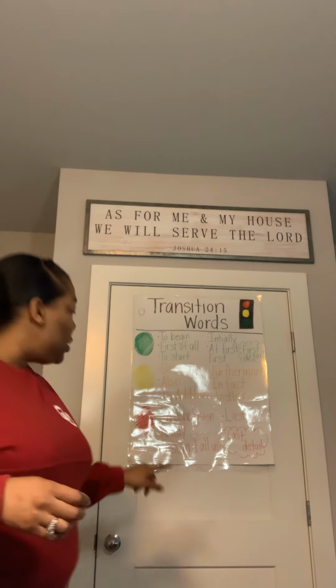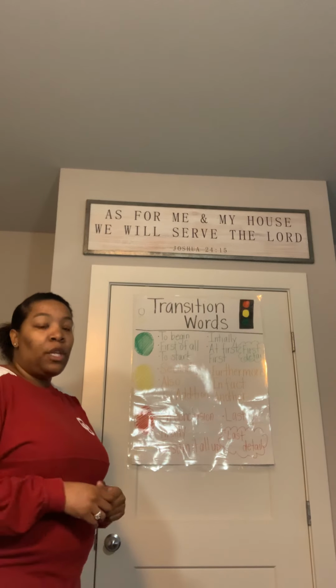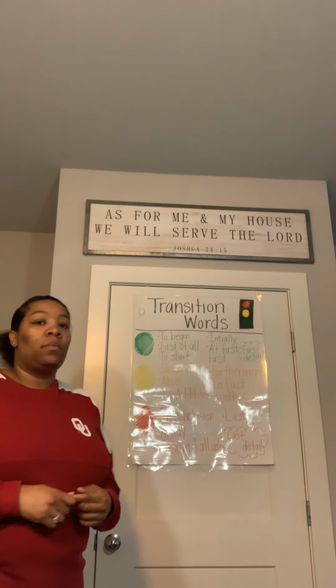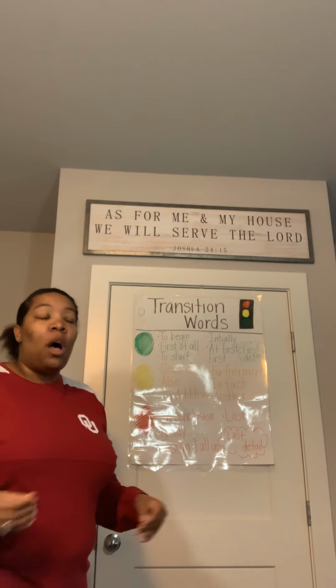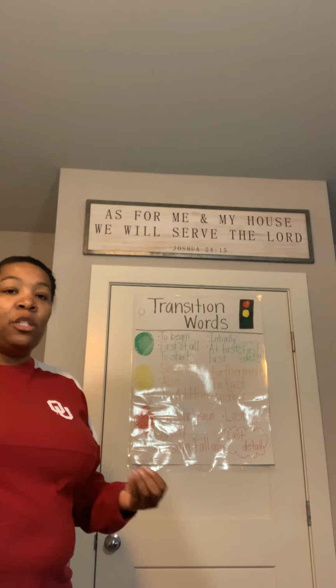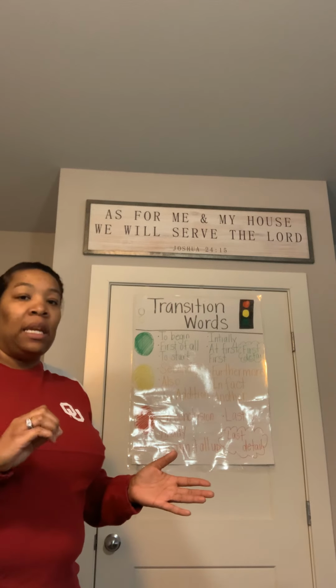Now, I know you guys remember this one. When do we use the red? That's right, on the very last sentence, because we're trying to wrap up everything that we're talking about. We're trying to end it.